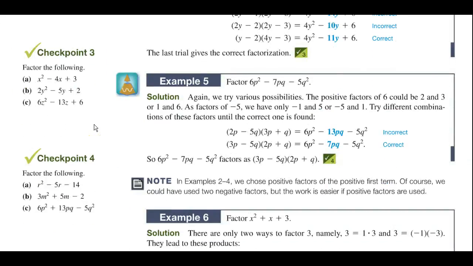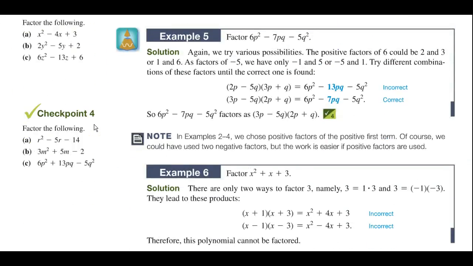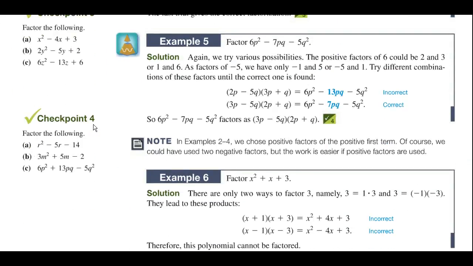All right, going on now to example 5. And again, with 3 terms, when our A term is not a 1, it gets a little more challenging. So I'm kind of jammed up for room over there, so I'll put it over here.